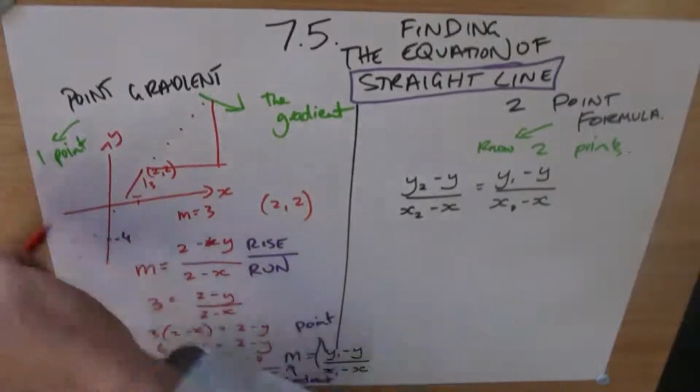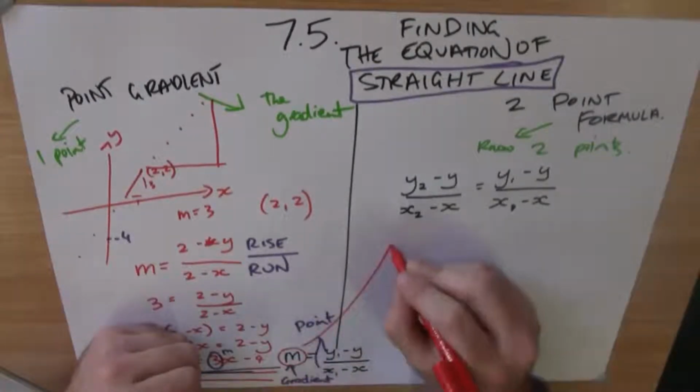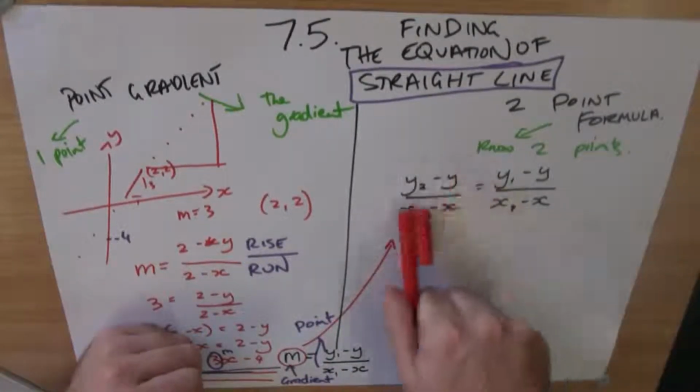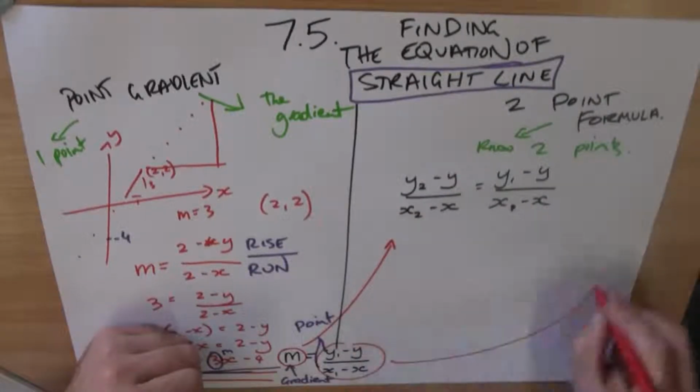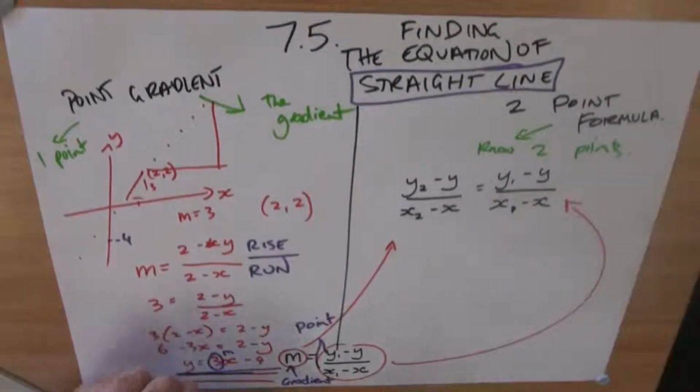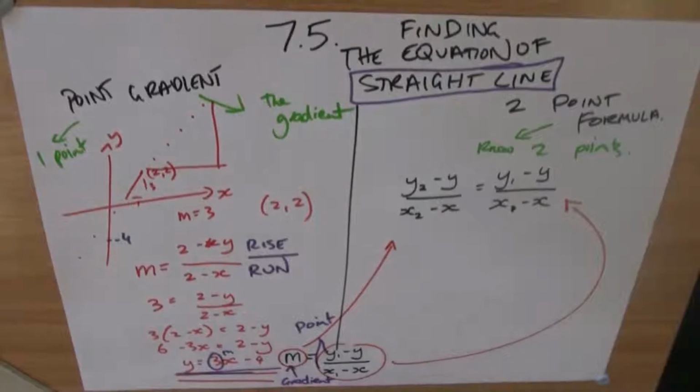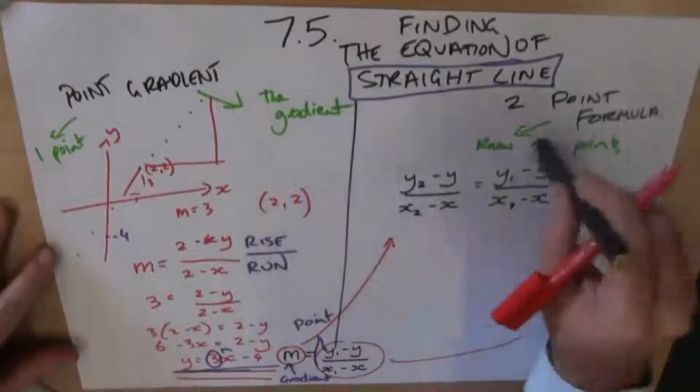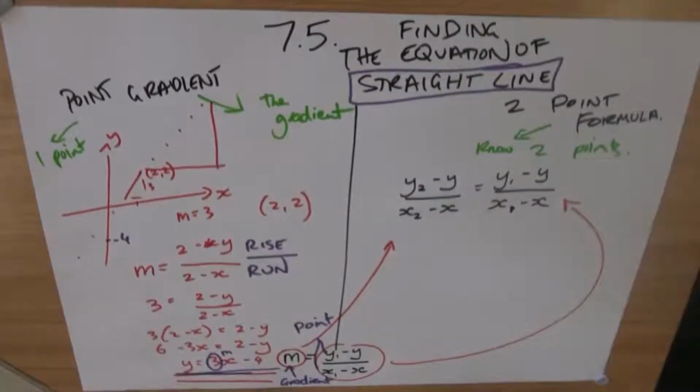So what I've done is I've just used this exact same formula, but I've replaced the m with another way of getting m, and this is just the same as that over there. So that is one way to get your 2-point formula.